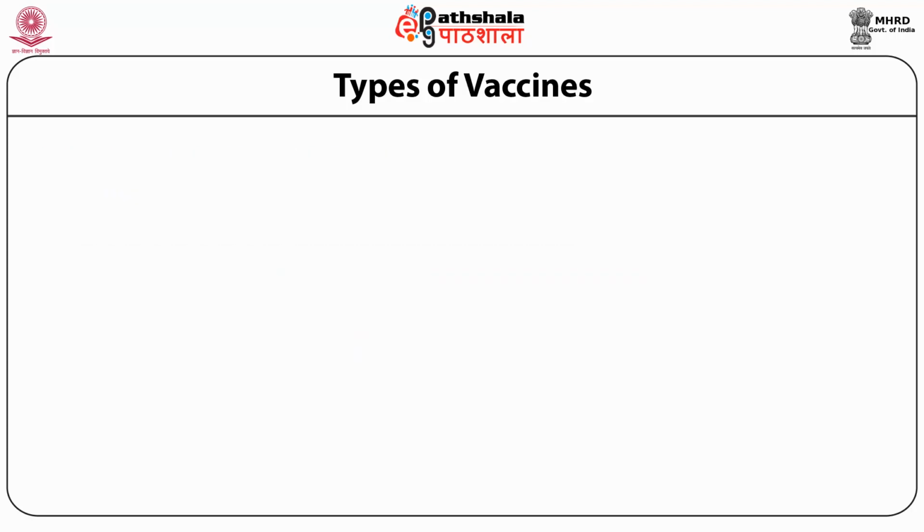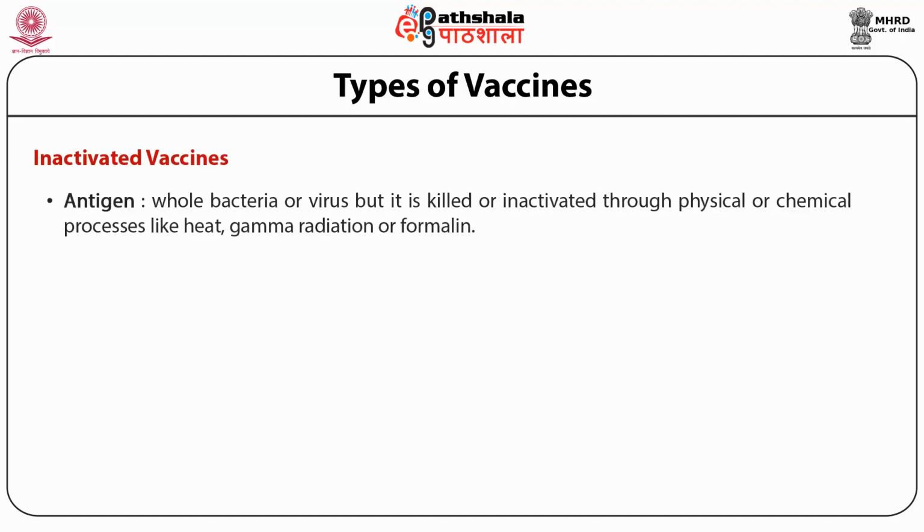So the next category is inactivated vaccines. The antigen in these vaccines is the whole bacteria or virus, but it is killed or inactivated through physical or chemical processes like heat, gamma radiations, or formaldehyde treatment.